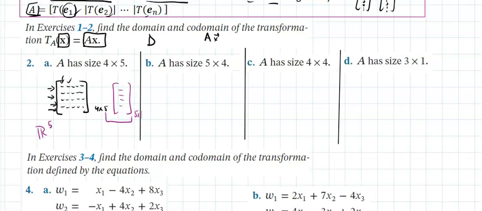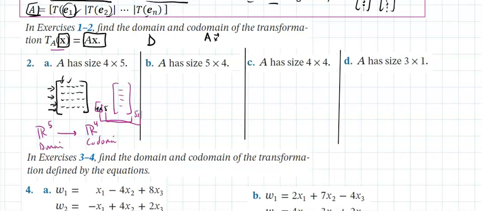So this transformation maps any vector x, which is in R5, into a vector w. When you multiply those out, you're going to get 4 dimensions. The outcome is a 4 by 1, isn't it? So the outcome is the range, or the codomain, that's what they call it. And the input is the domain.